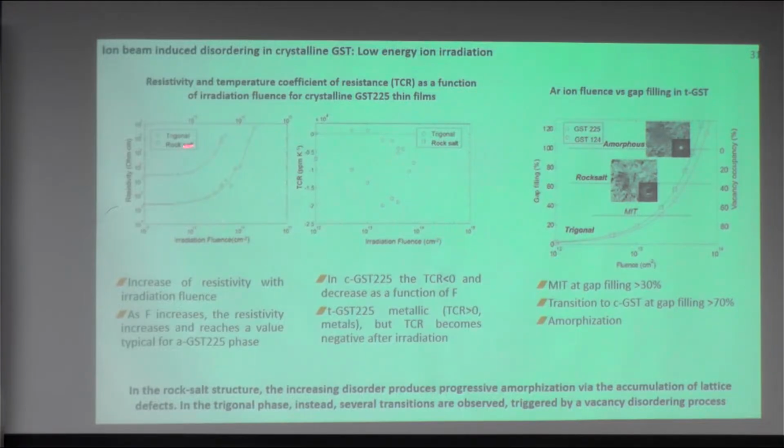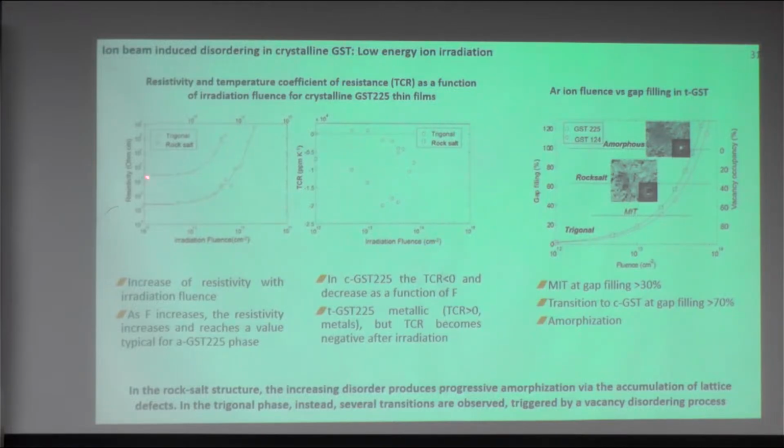Here we consider the trigonal stable structure and the FCC rock salt structure. And here there is again a dependence of resistivity on irradiation. Irradiation changes the properties: for the rock salt type, the resistivity increases, and for the trigonal phase it also increases.